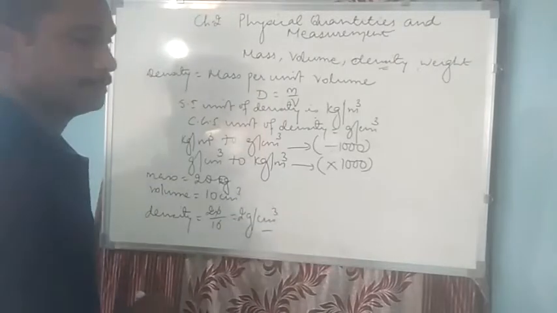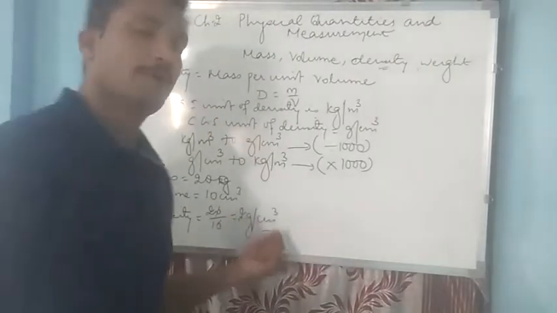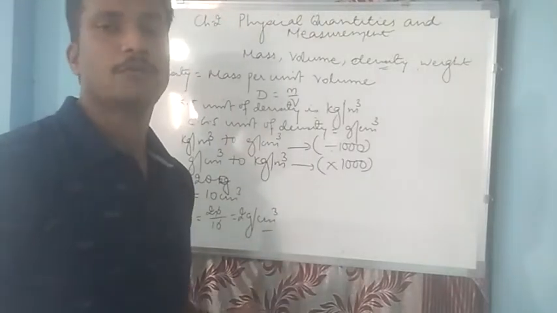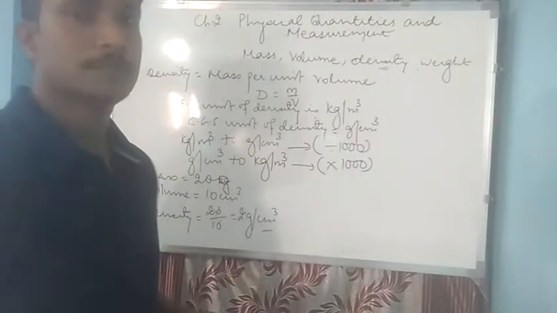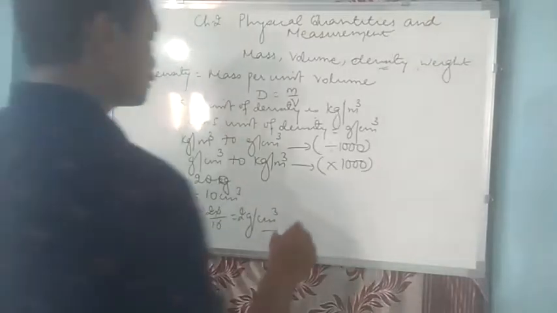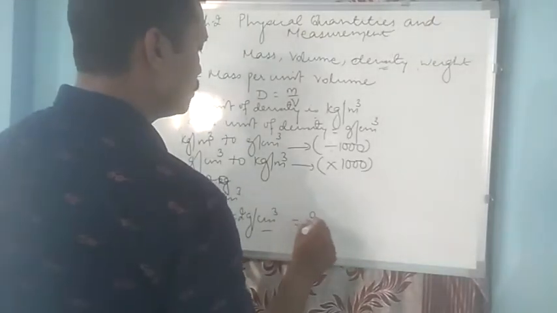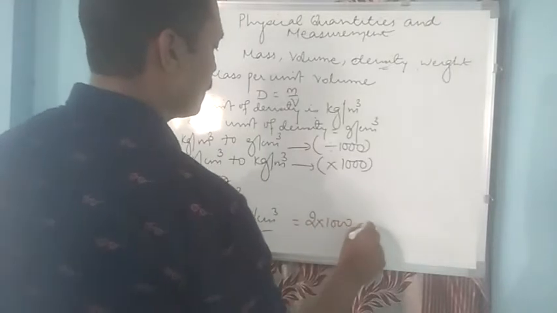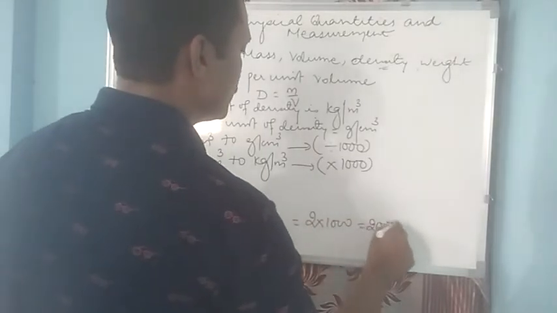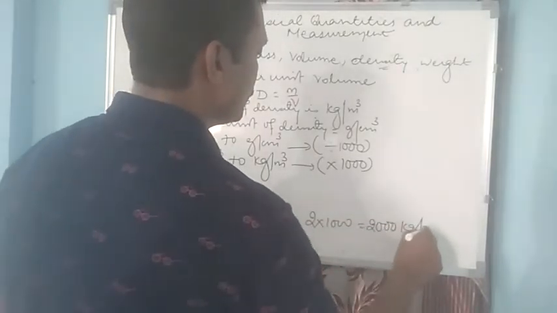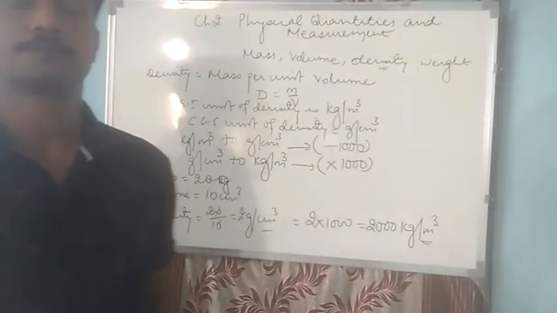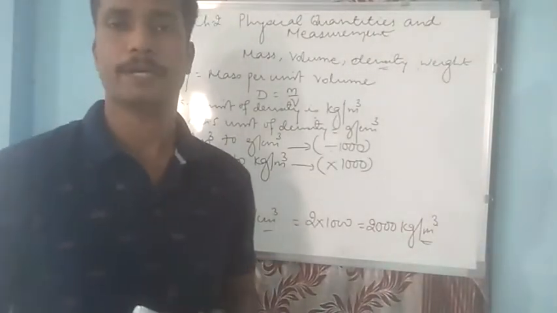This is the density. Let us suppose we want to convert this 2 gram per centimeter cube into kg per meter cube. So what we have to do, 2 should be multiplied by 1000. So we are getting 2000 kg per meter cube. This is how we can calculate.